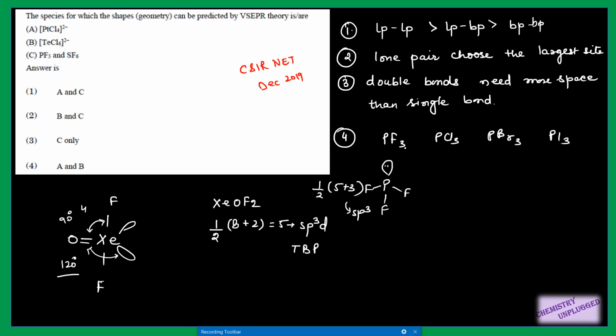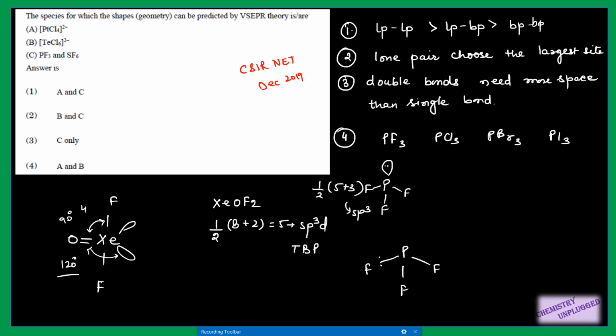Then in the case of PF3, the shared electron pair which is forming this sigma bond will be closer to fluorine because of its higher electronegativity, right?